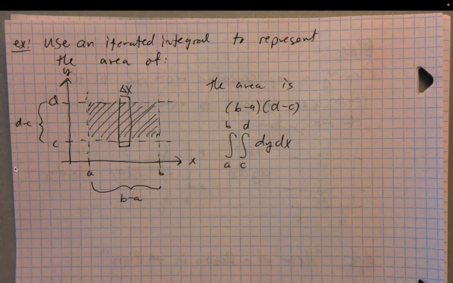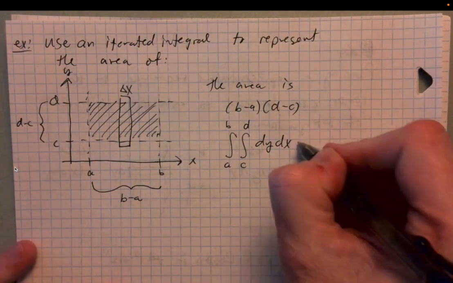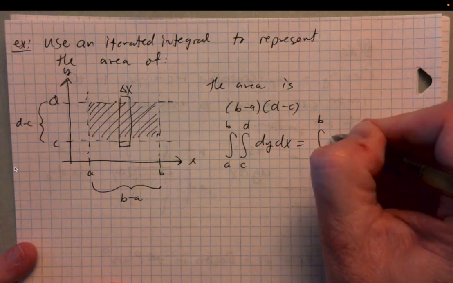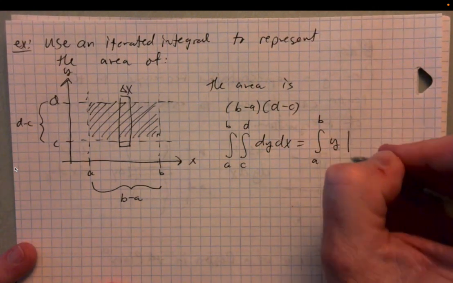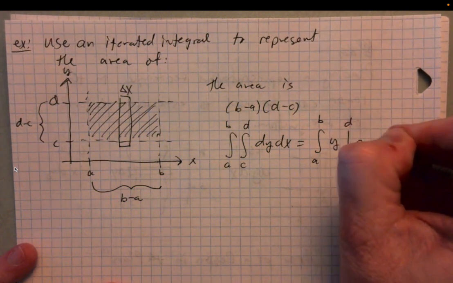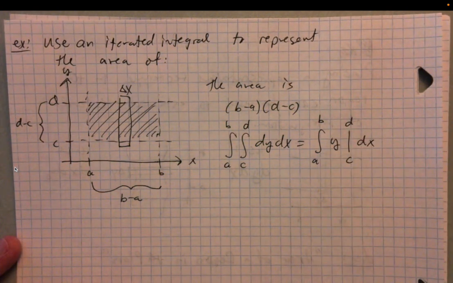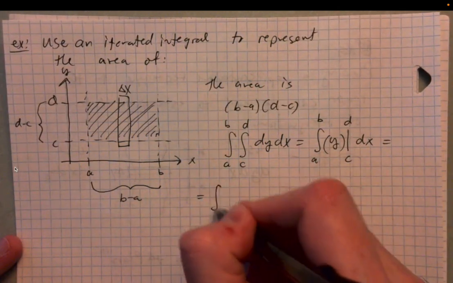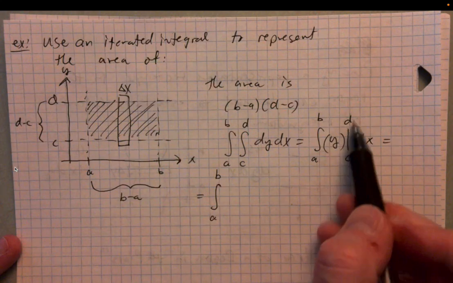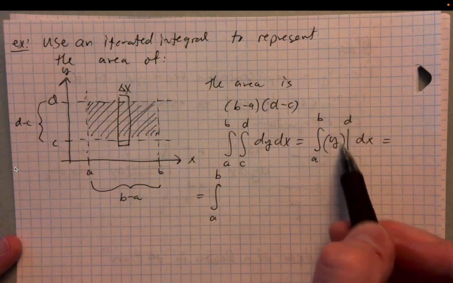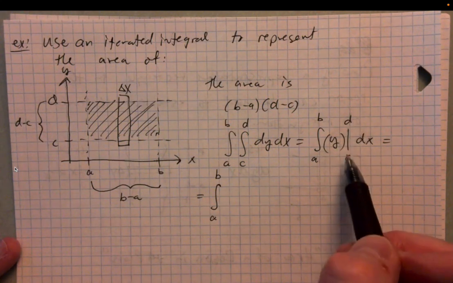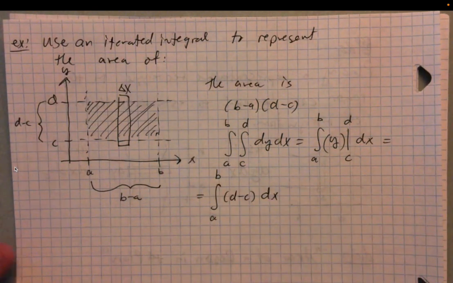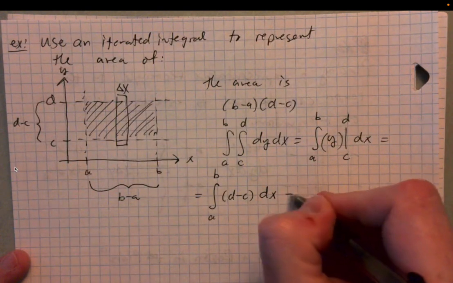Does it actually produce the right area, though? Well, let's see. If we integrate this, this would be the integral from a to b of y from c up to d, dx. And so that means this will be the integral from a up to b, and if I evaluate this inside integral, this is just going to be d minus c. Then can I evaluate this?